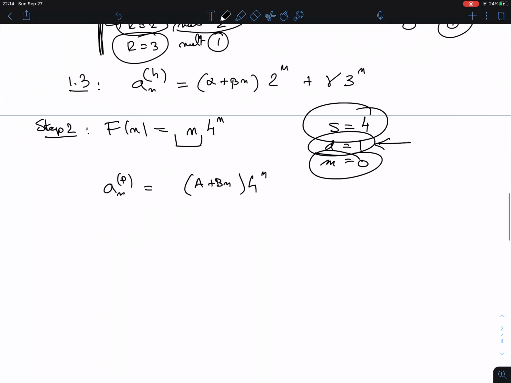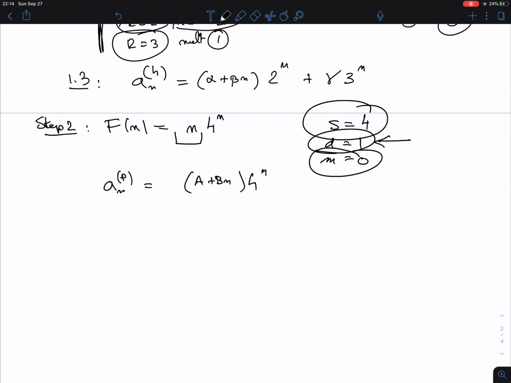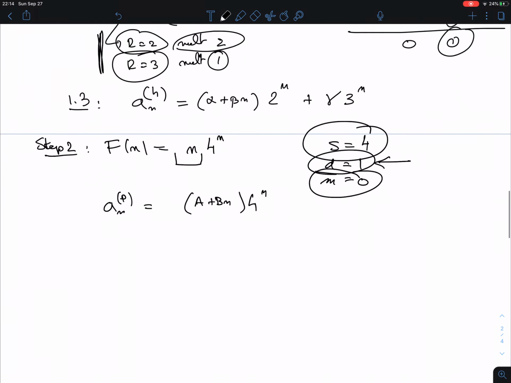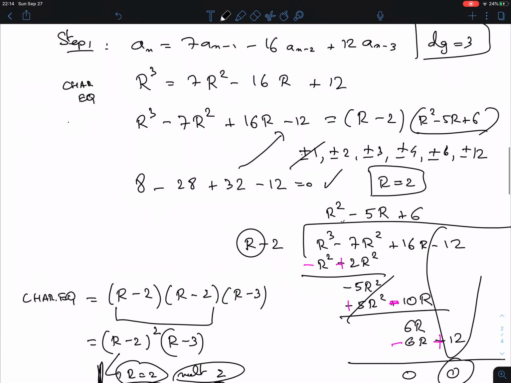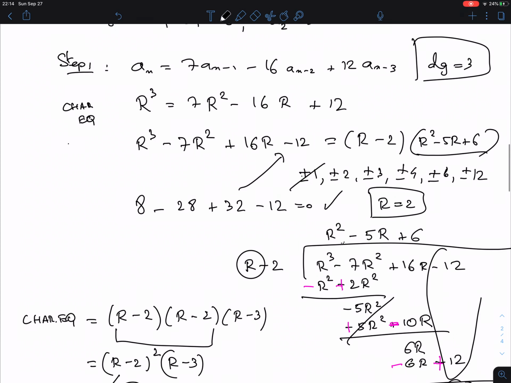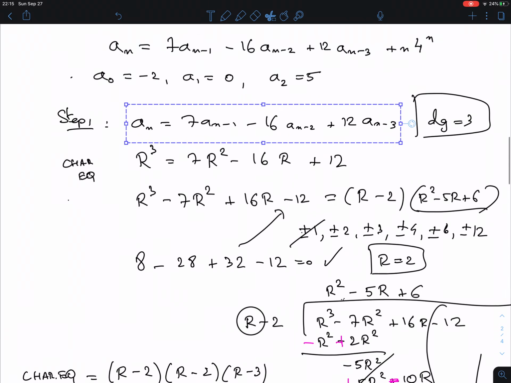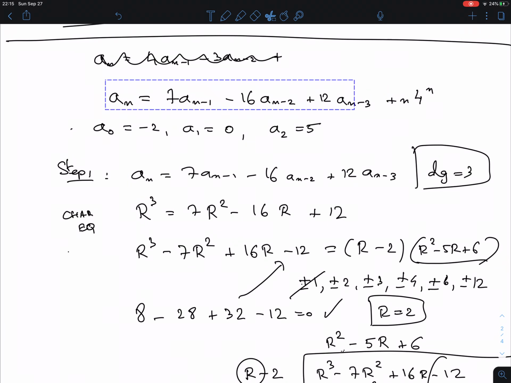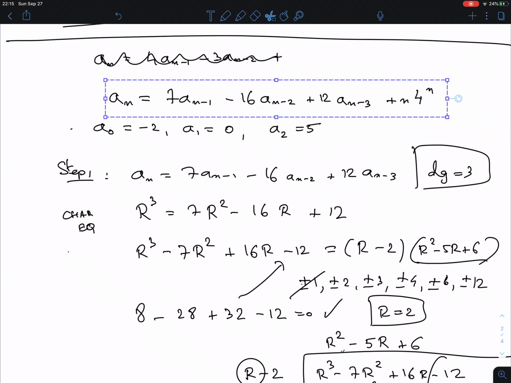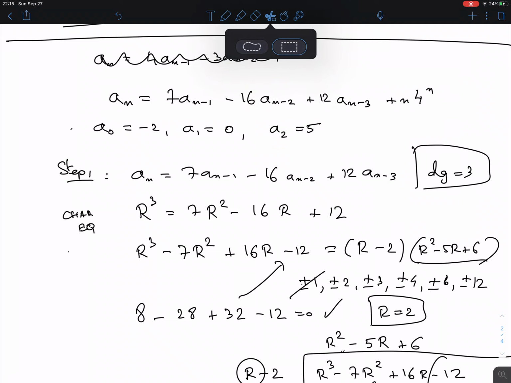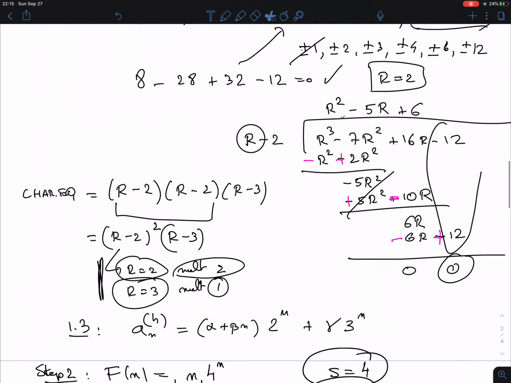So, now what? We have to find a and b, and we do that by plugging into the recurrence relation. Let me see whether I can copy this thing, because otherwise it's going to take forever to copy all this and I'm probably going to make mistakes. I need this one. Sorry, it's this one, right? Because it's the original one I told you. How do I do this? Copy, I guess. Did I cut it now?